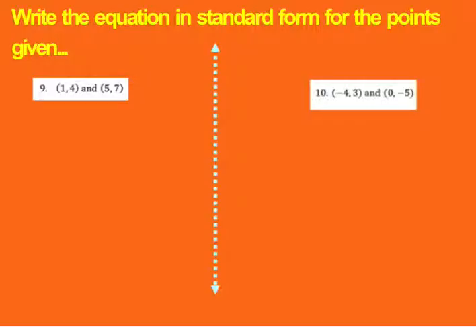So let's take a look. We need to write it in standard form for each of the points given. Now remember, whenever we're given 2 points, we have to use point slope form like we did yesterday. So the first thing we're going to do is calculate the slope. So I have x1, y1, x2, y2. So I'm going to do y2 minus y1 over x2 minus x1.